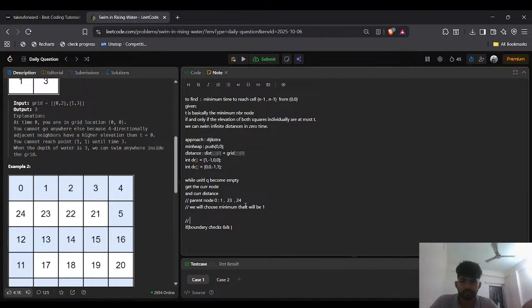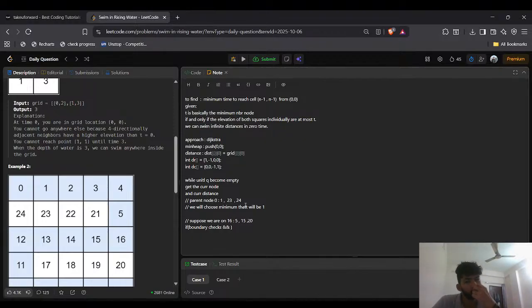Now the question is, if any node is minimum, do we need to mention it? Suppose we are on 16, then our neighbor nodes will be 5, 15, 20.